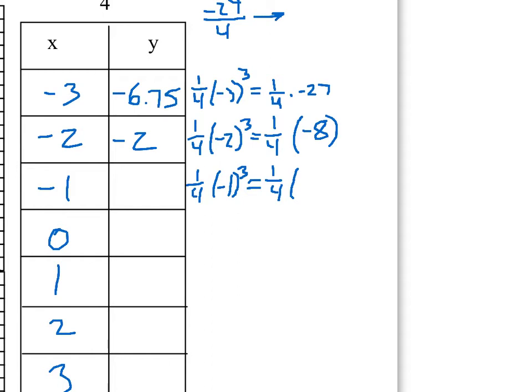-1 cubed is what? 1 times -1 times -1. That's 1 times -1, which is -1.